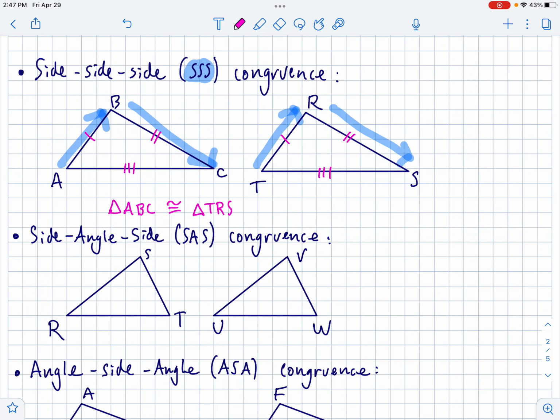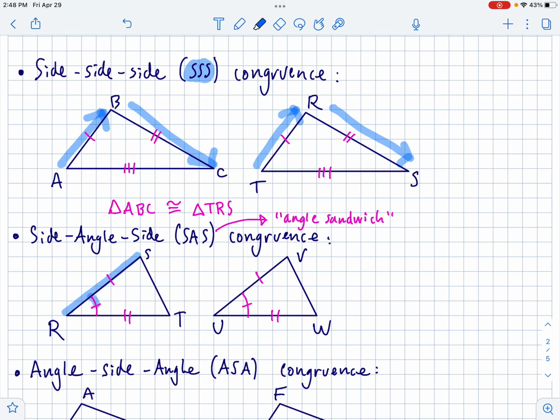There's also a side-angle-side. This one I like to call the angle sandwich. Delicious. The angle sandwich is if you have an angle like this, that's the same in both of these triangles, and then these sets of sides are also congruent to each other.